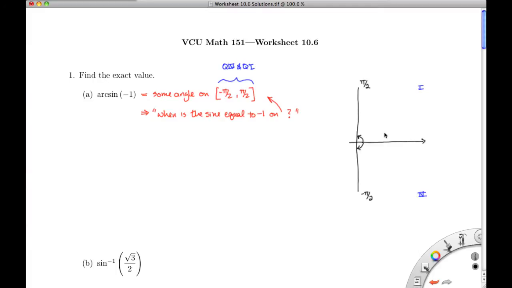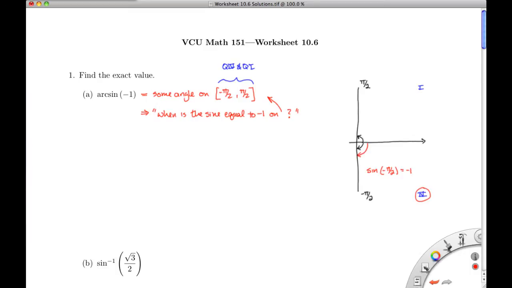Okay, so when is the sine equal to -1? Well, it's going to be equal to either positive or -1 on the y-axis. Specifically, our solution angle is going to be on the negative side of the y-axis. If we rotate to the negative side of the y-axis, the sine of -π/2 is equal to -1.